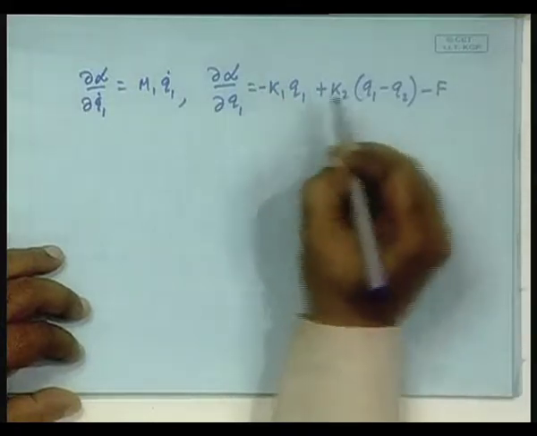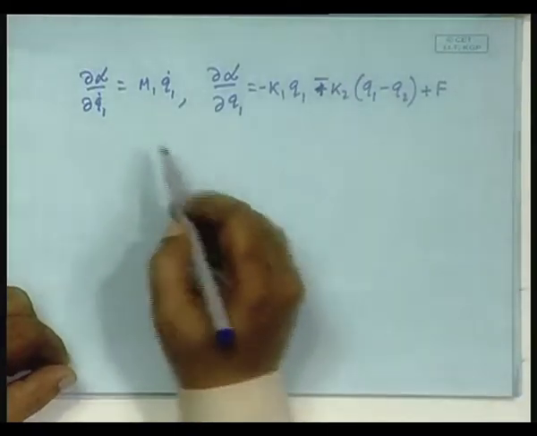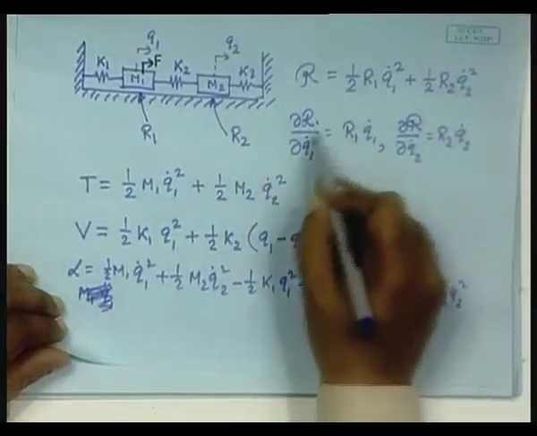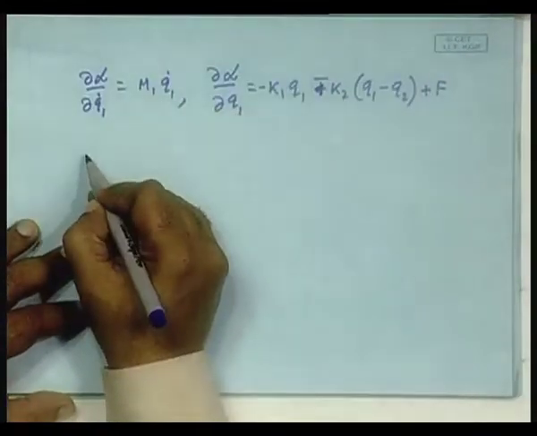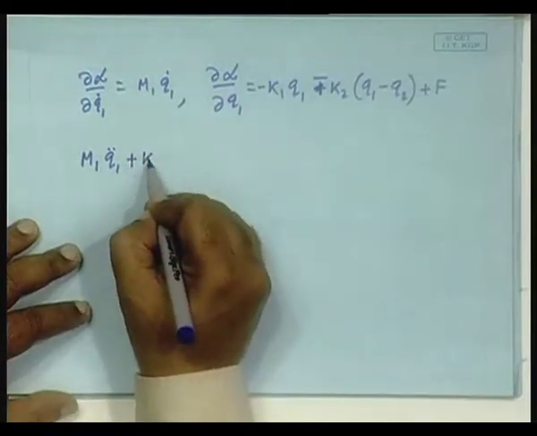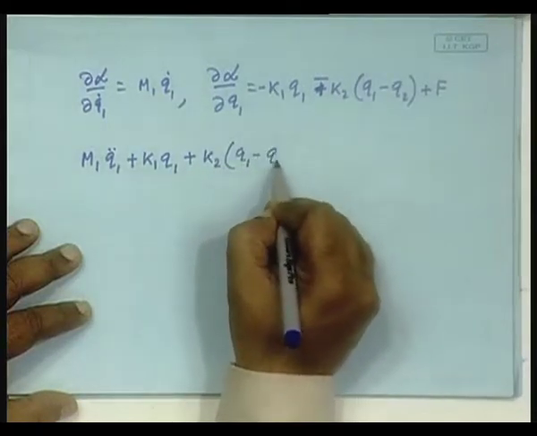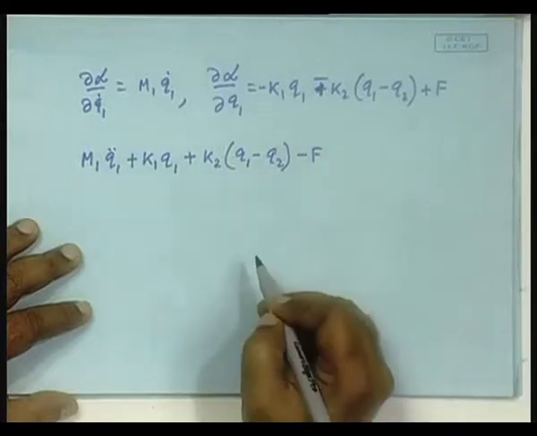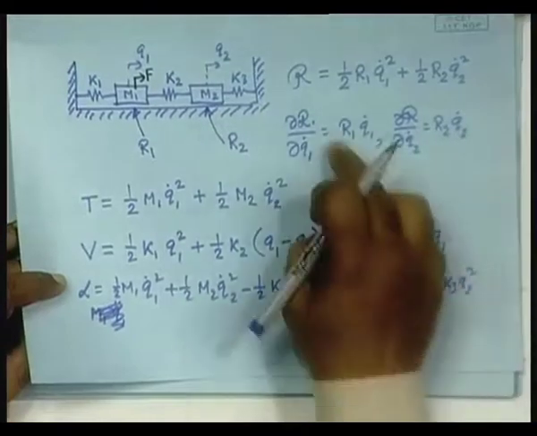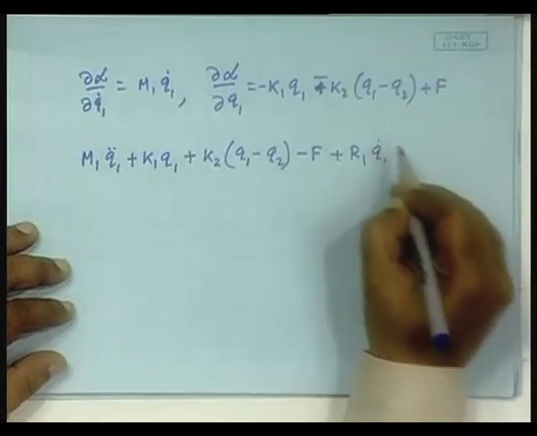And the Rayleigh term's derivative was this. So my final expression becomes m1 q1 double dot plus k1 q1 plus k2 (q1 minus q2) minus f. Then I have to include this term plus r1 q1 dot equal to 0.